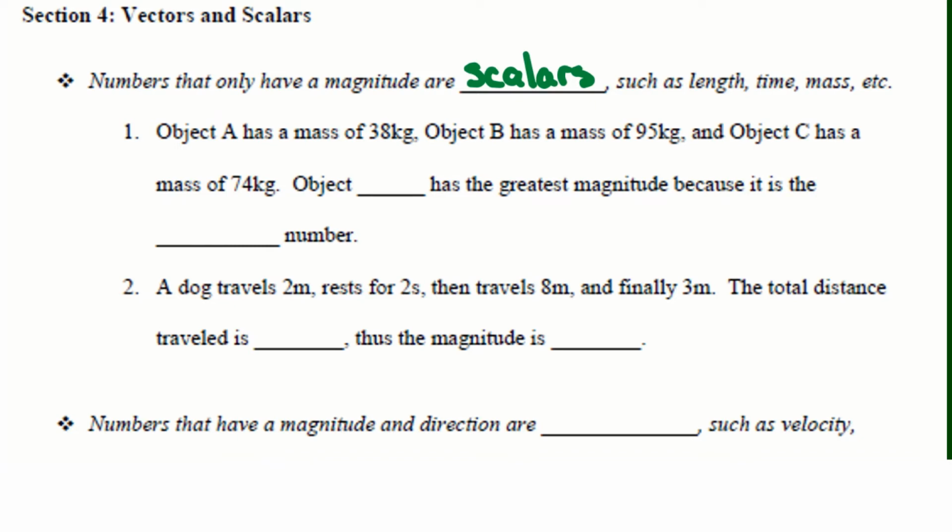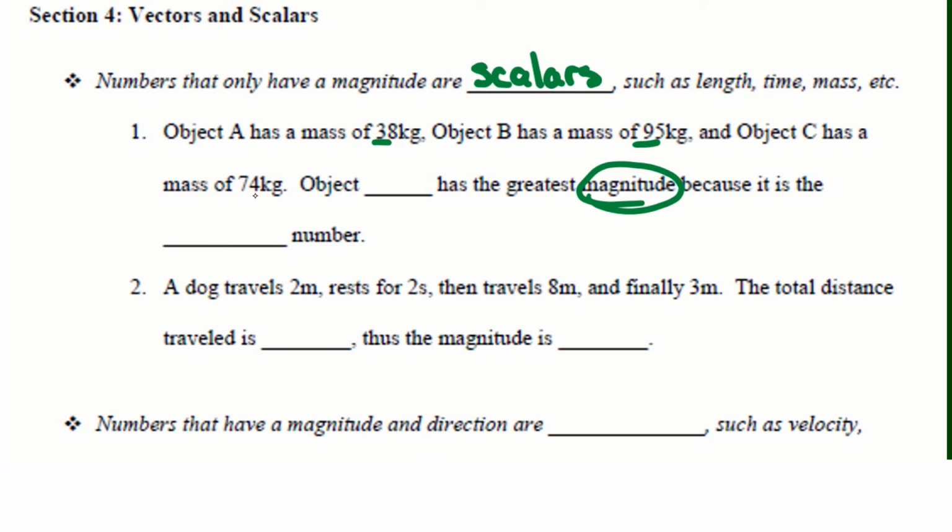So let's look at this first example. Object A has a mass of 38 kilograms. Object B has a mass of 95 kilograms. Object C has a mass of 74 kilograms. Object blank has the greatest magnitude because it is the blank number. So in this case, when we're discussing magnitude, we're actually referring to this value.